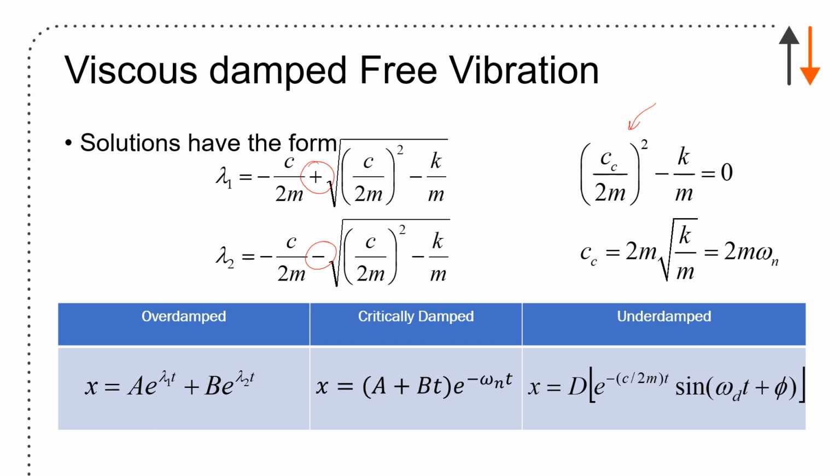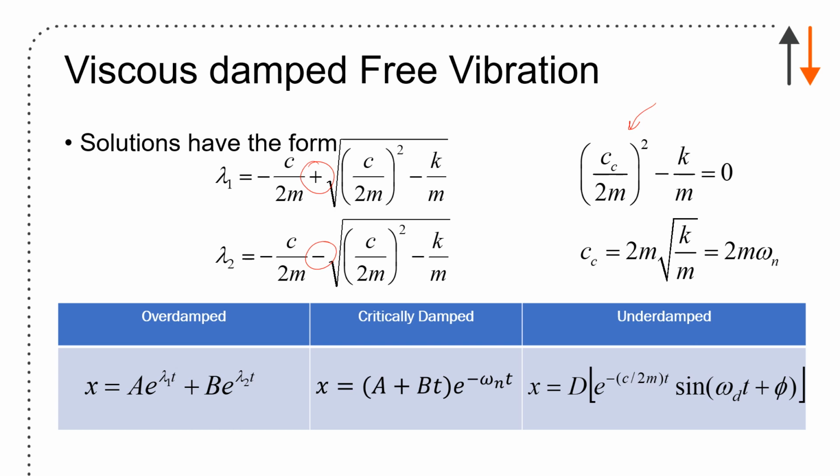And this is the case down here, and it will be a plus bt e to the minus omega n t. If you don't have critical damping, you can calculate critical damping as 2m times the natural frequency. If you have overdamped, you have a e to the lambda 1 t plus b e to the lambda 2 t. There are two solutions to this. In critically damped, you have x equals a plus bt, times e to the minus omega n t. In this case, you have two roots of the same value, and that's why you end up with a solution like this.